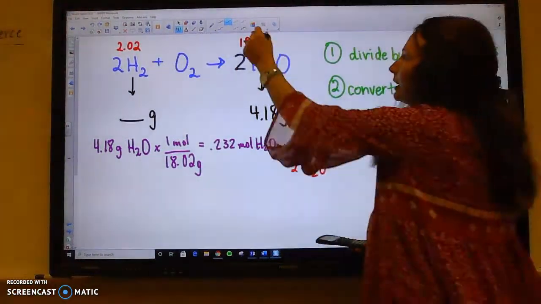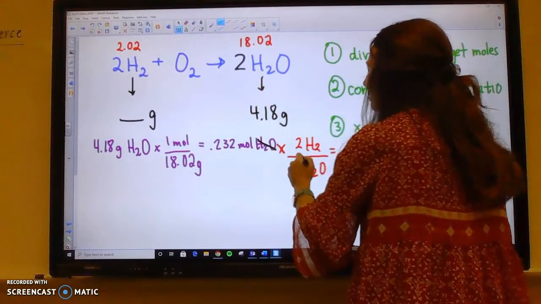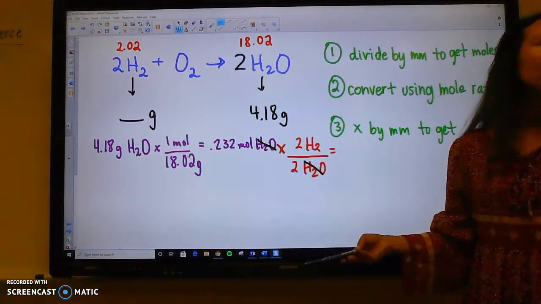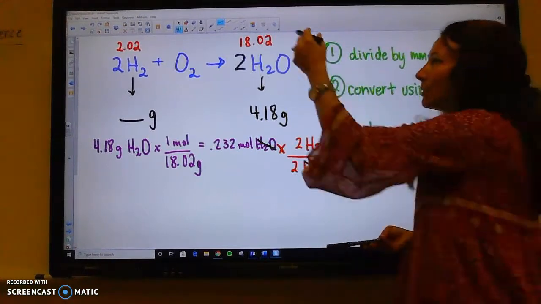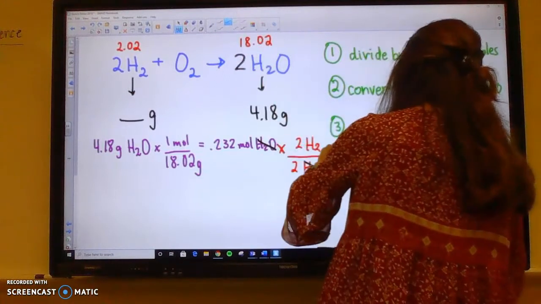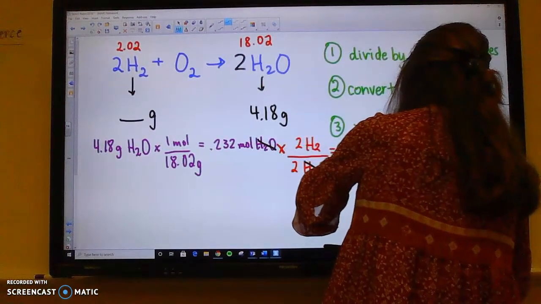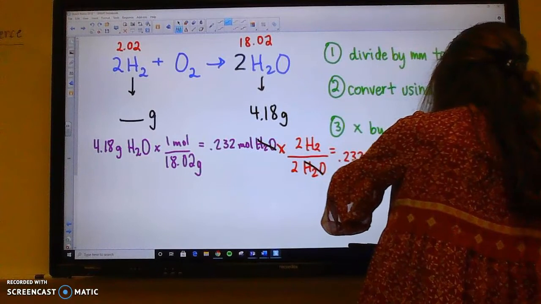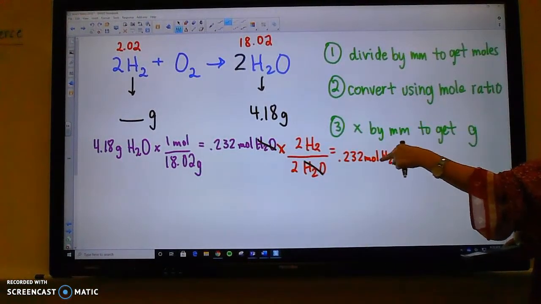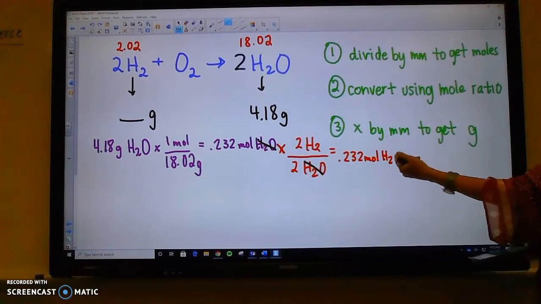Conveniently, my H2Os cancel, but I'm multiplying a number times 2 over 2, which is really the same number that I started with. So I'm going to write that answer: 0.232 mole of hydrogen.